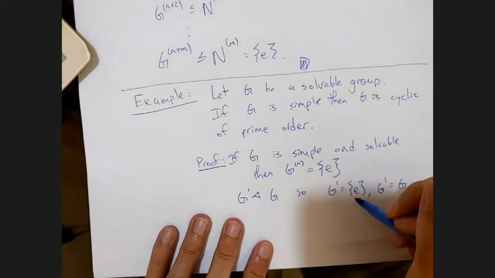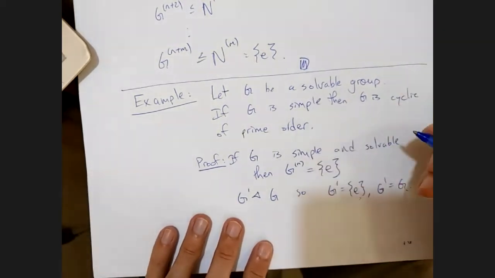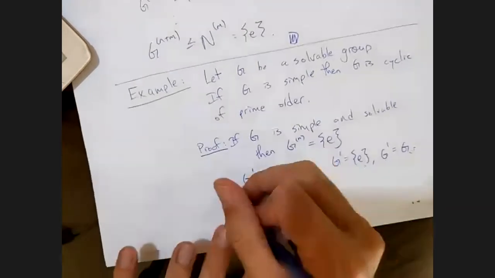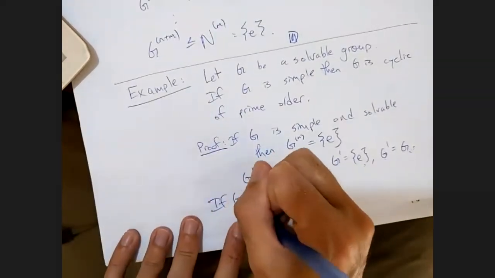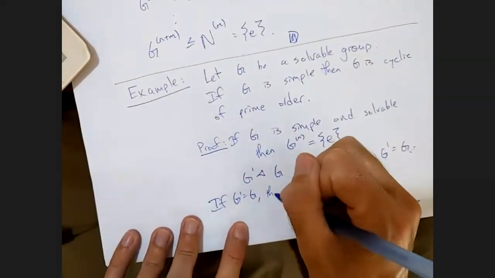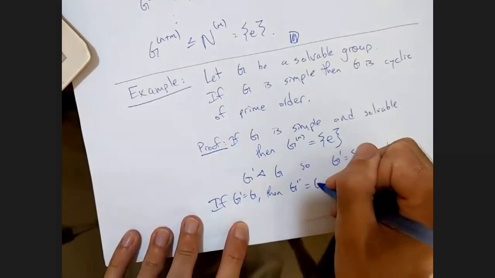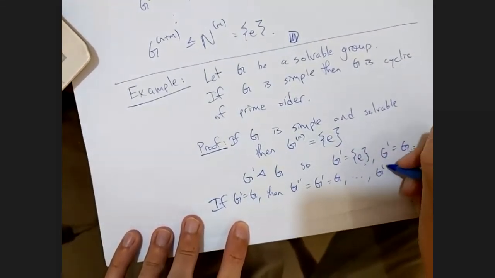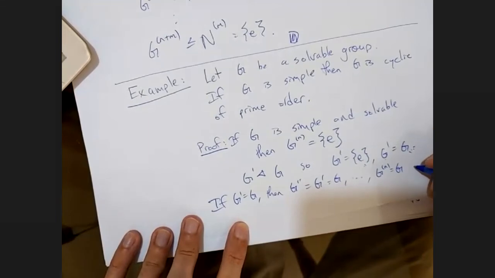If G prime is trivial, that means just that G is abelian. If G prime equals G, then G prime prime is just G prime, which is G. And so G to the n is also G, which is a contradiction.